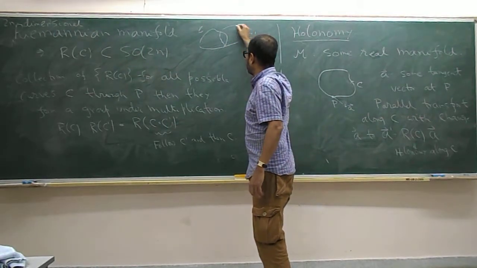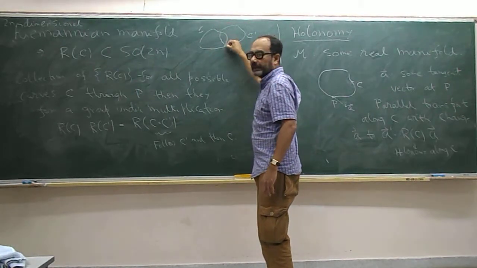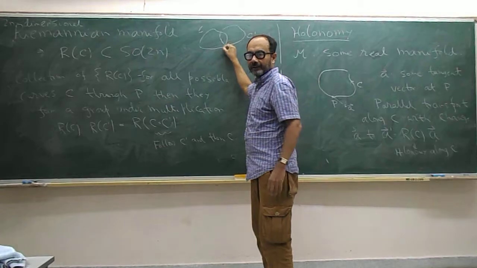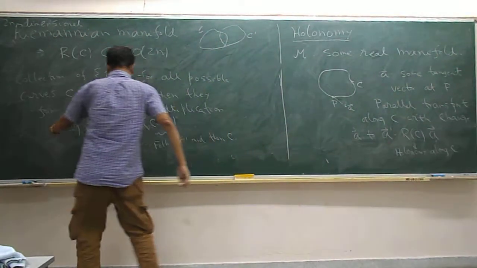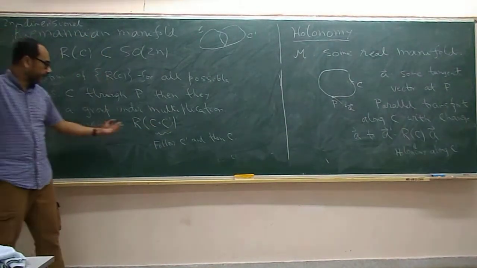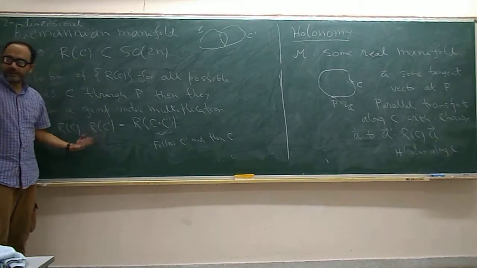But what will be the holonomy around this? For the tangent vector, when you transport around C prime, you will get multiplied by RC prime. Then when you transport around C, you will get multiplied by RC. So this relation is automatic. So we have identified the specific curve which gives you the product of these two elements.